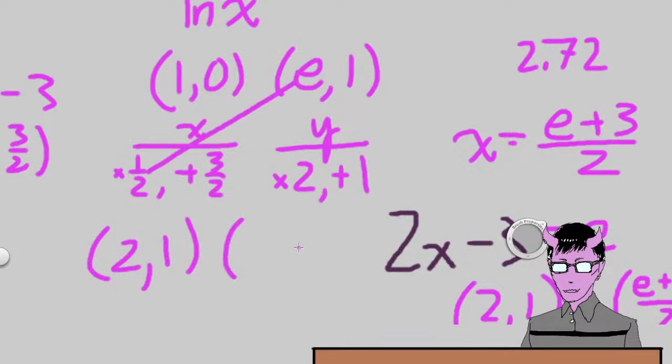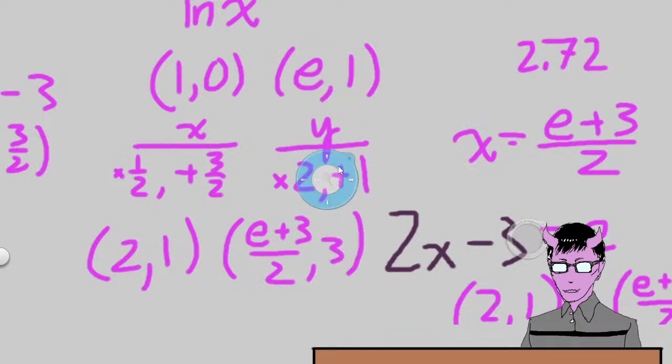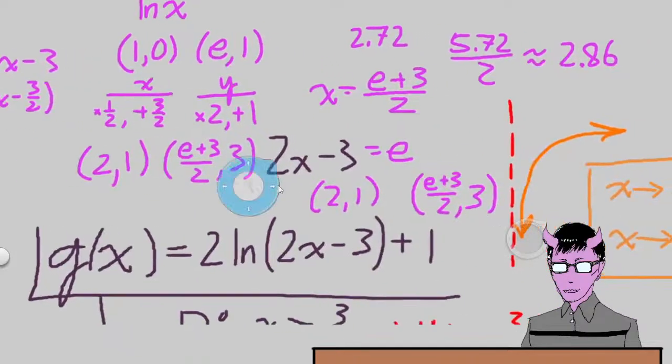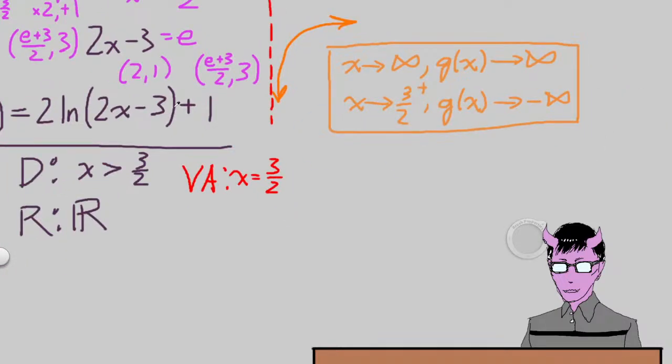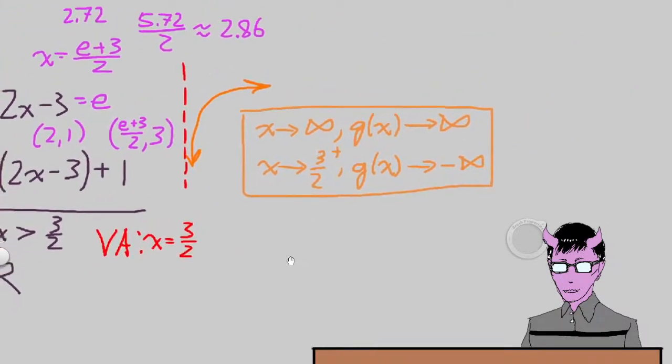So e times 1/2 is e over 2, and then e over 2 plus this one is e plus 3 over 2. Transform the y value, times 2 plus 1. And yes, they match up. Perfect. Okay. Back to main business.